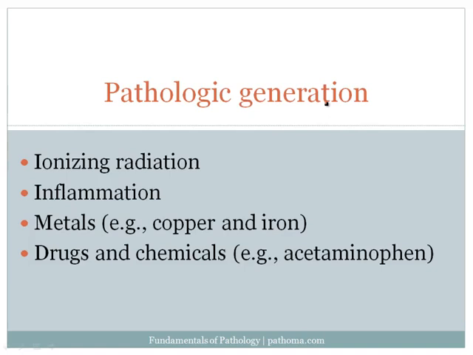All right, another example of pathologic generation of free radicals are drugs and chemicals. Acetaminophen is a classic example, especially from pharmacology. Acetaminophen goes to the liver, it gets converted by the P450 system, and free radicals are generated in the process.